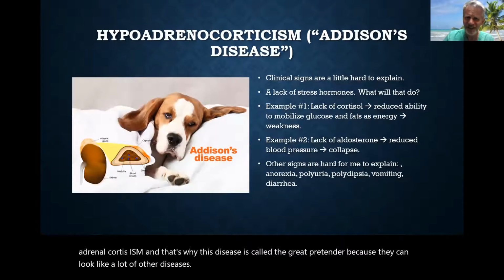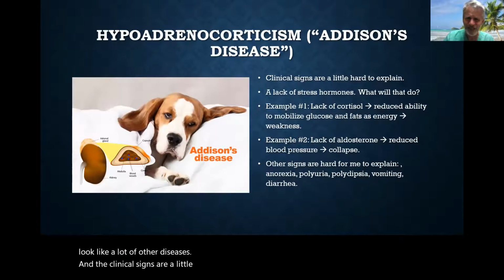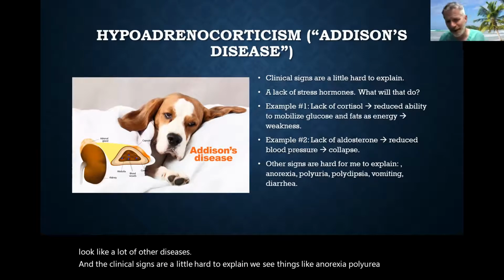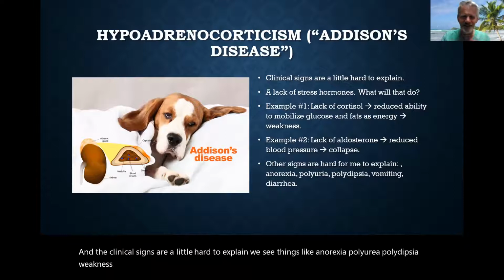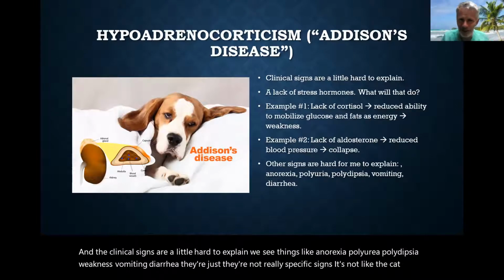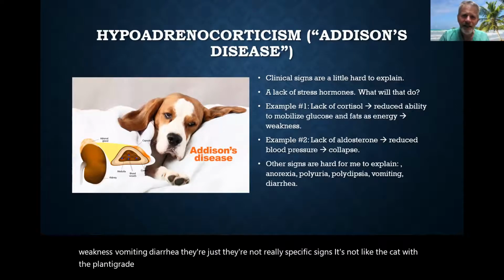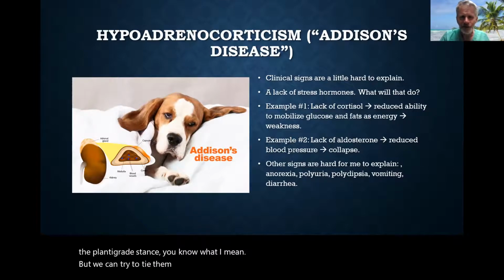And the clinical signs are a little hard to explain. We see things like anorexia, polyuria, polydipsia, weakness, vomiting, diarrhea. They're not really specific signs. It's not like the cat with the plantigrade stance, you know what I mean? But we can try to tie them in with this lack of stress hormone.